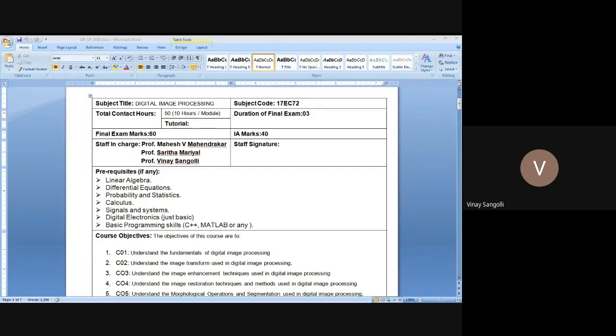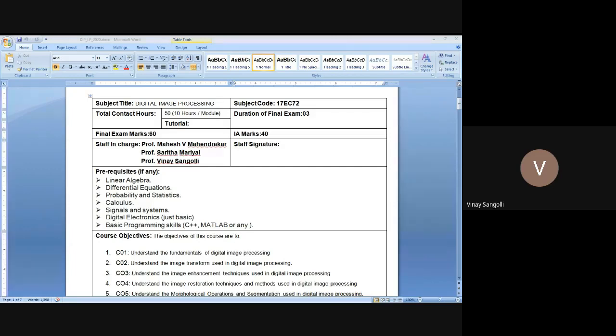But in this subject, you will be studying how the image is processed, like what the image consists of, which we usually know. Apart from that, we will also come to know how to process an image, and some mathematical aspects related to the image. All these things we will be going through in this subject.